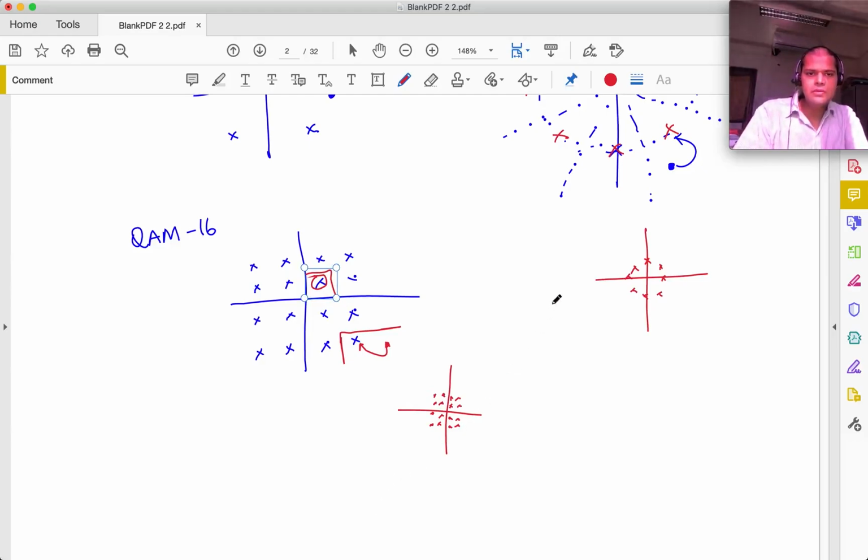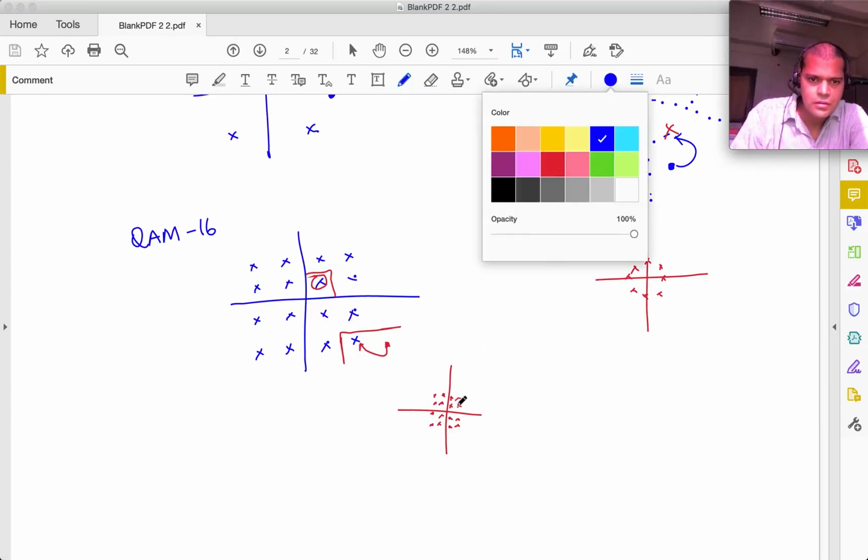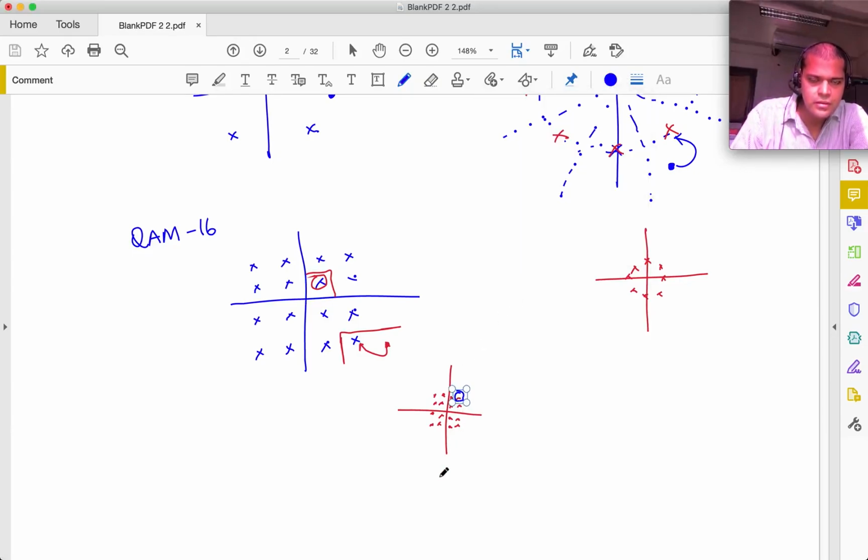So suppose I sent out one particular constellation point, let's say this one. Suppose you didn't know how much the amplitude has decreased because of the attenuation, you wouldn't know what was transmitted, because this is quite close to the origin. You might think it was this one that was transmitted rather than this one.